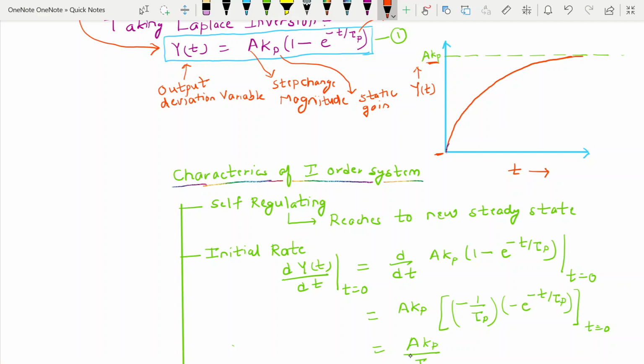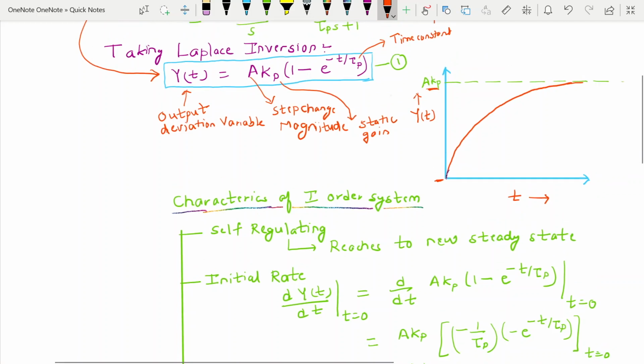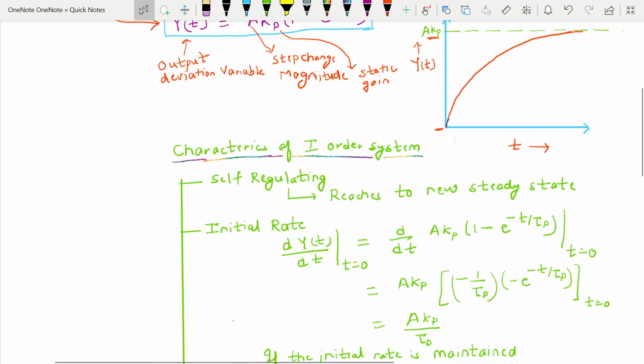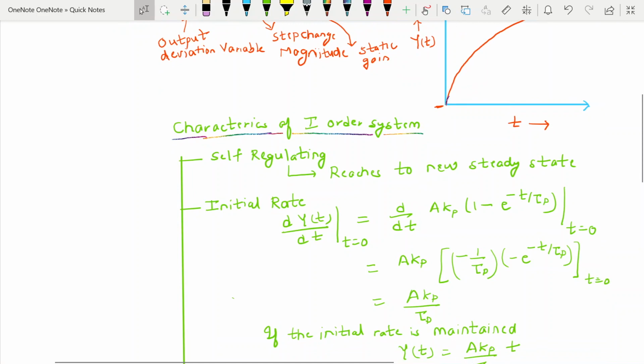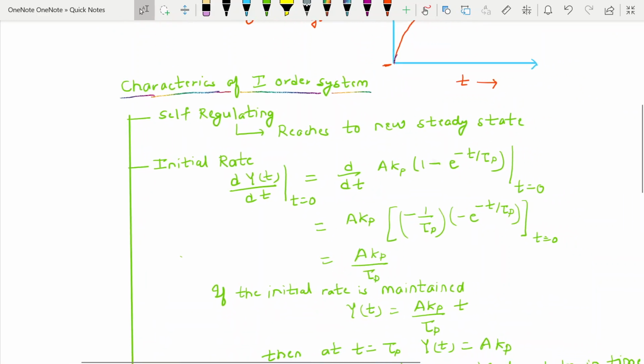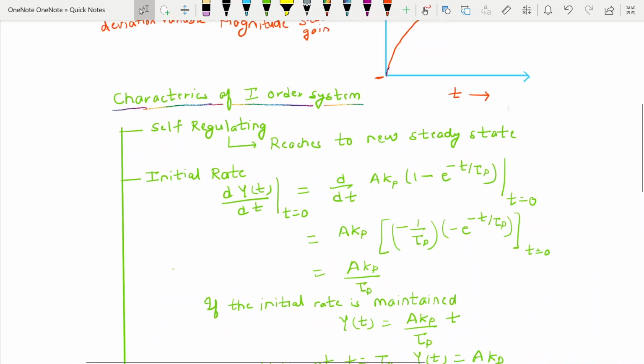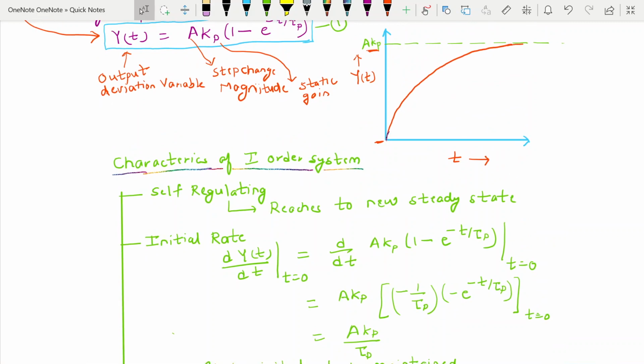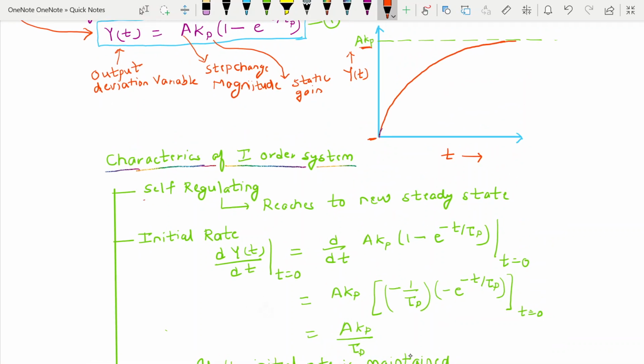Okay, now from this equation number 1 we will see the characteristics of this first order system. Okay, so first characteristic is this system is self-regulating.